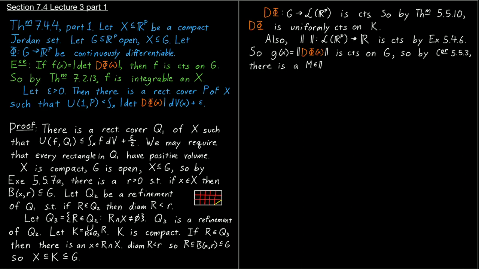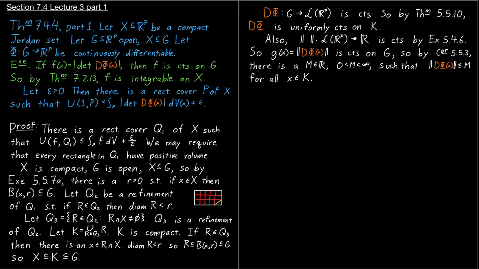There is a real number m, less than infinity, I want to emphasize, such that the norm of d phi of x is less than or equal to m for all x in K. Let's get back to uniform continuity.